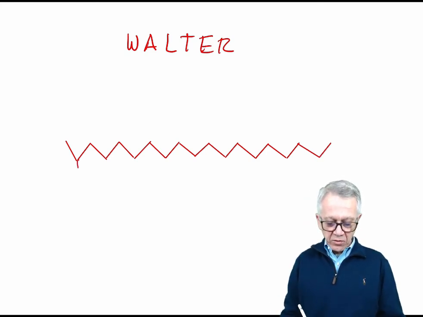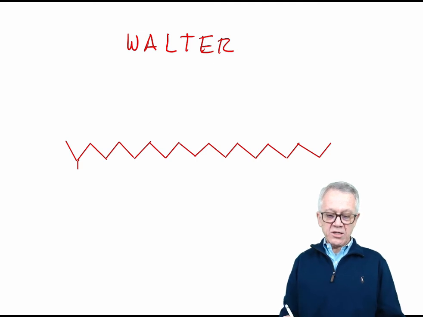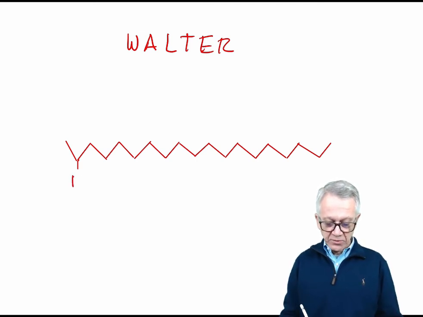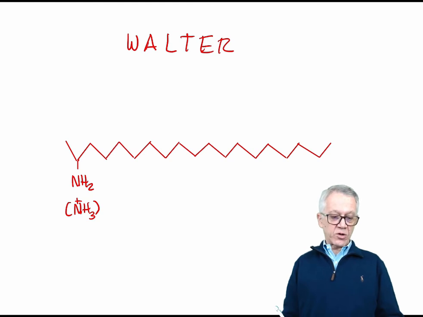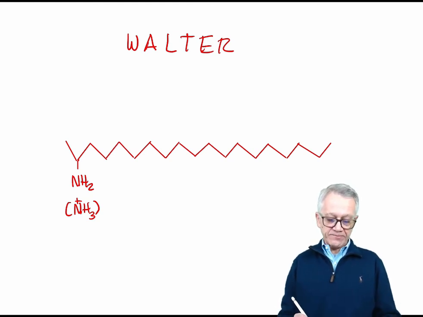First of all, we identify the N-terminus, and we go from there. So N-terminus, we will write NH2, but it's perfectly okay to write NH3+, which is the fully protonated form of the peptide, right?